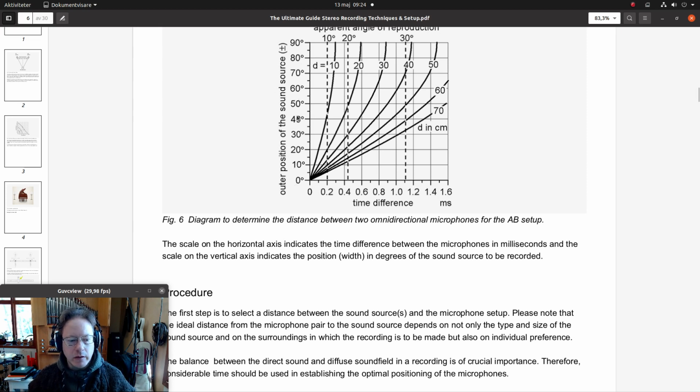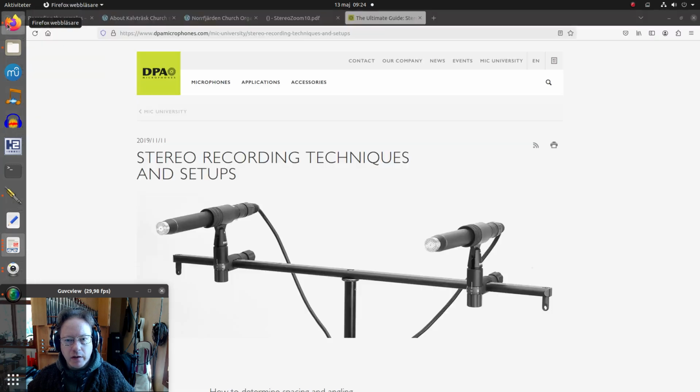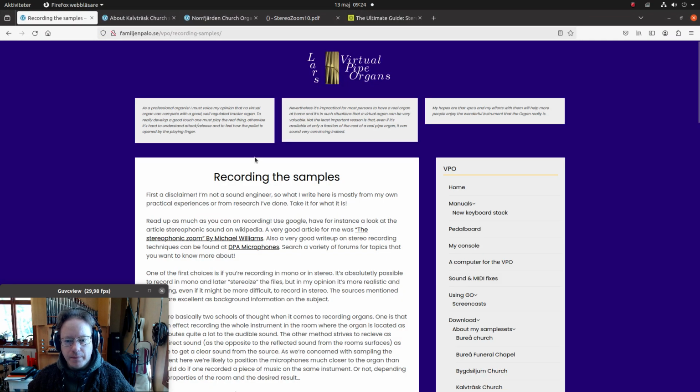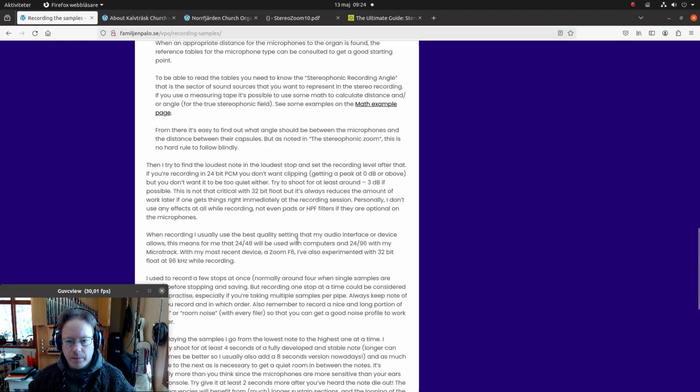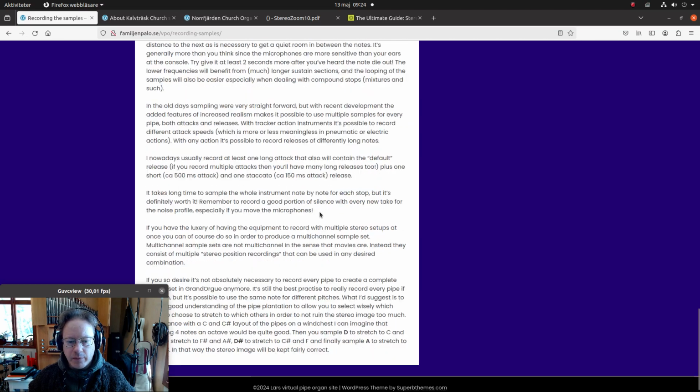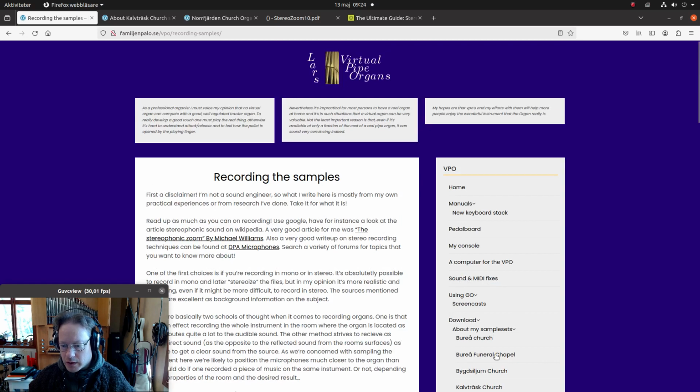That might require some explanation. The recording angle is usually notated with a plus and minus. So you imagine the distance from the leftmost source. Oh, I don't find it now.